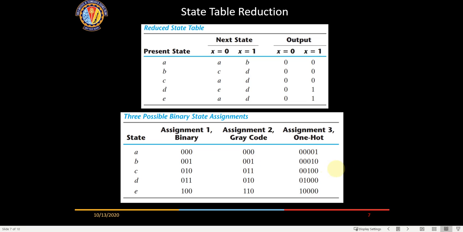The solutions will be slightly different. The combinational logic will be one kind if you take this assignment, another kind if you take this, and a third kind if you take this.